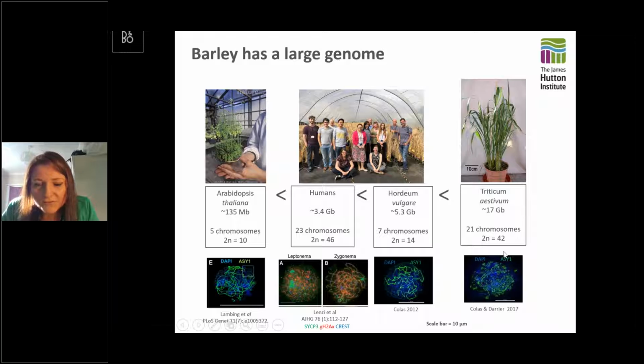If you look at one of the pictures we've generated with collaborators in France, we can see that 20 micrometers is roughly the size of the meiocytes, which means the genome is even more compacted here. So the chromatin organization in those large genomes is very important in meiosis.